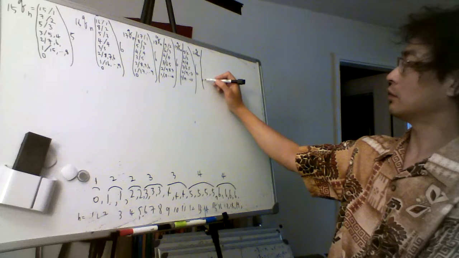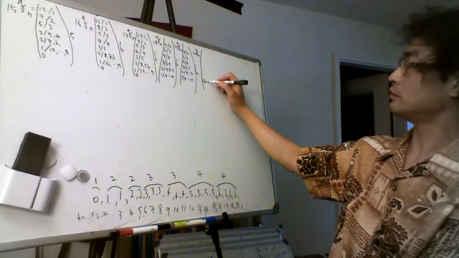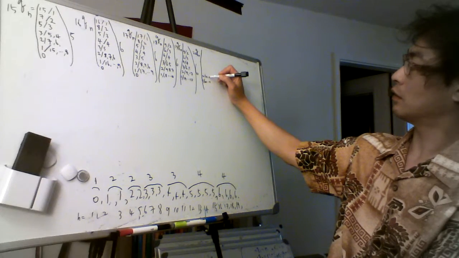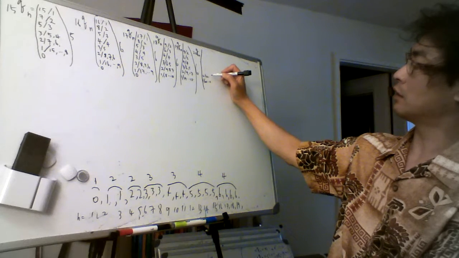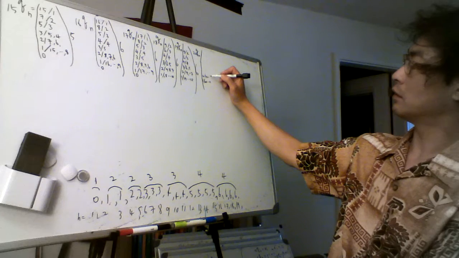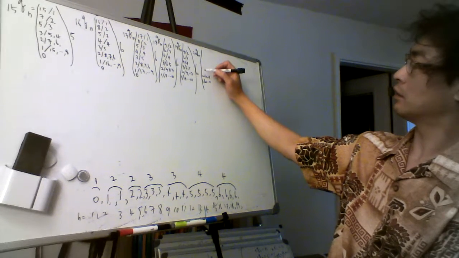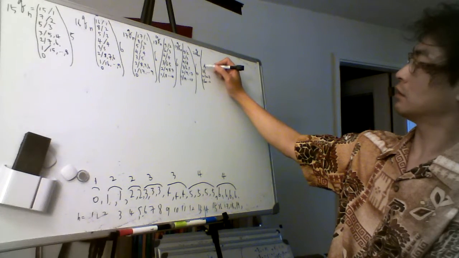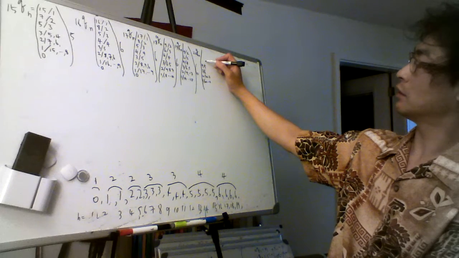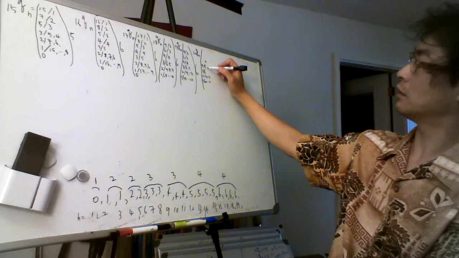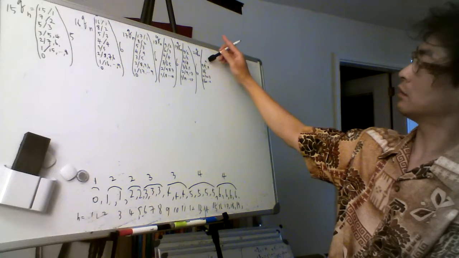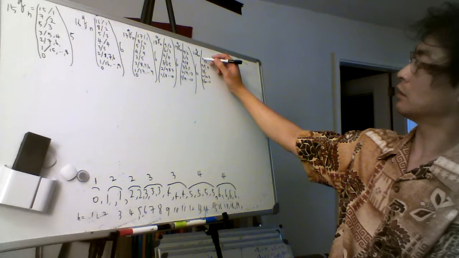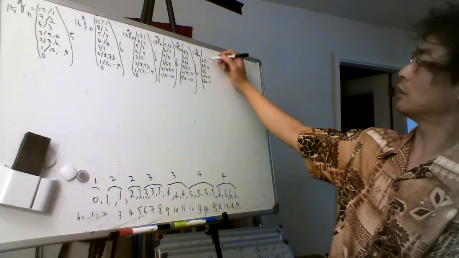Okay. Ten, 9, 8, 7, 6. Six times 6 is 18.